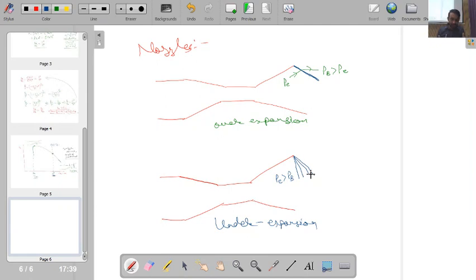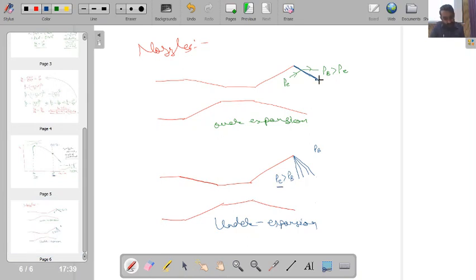Ultimately you can see that the region immediately downstream will have pressure PB, and just upstream of the shock wave we will have pressure PE, which is other than PB.